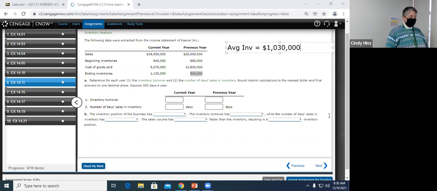That's what I call the reasonableness check. Does that number even make sense? So there's our average inventory for the current year, $1,030,000. Now we can calculate our inventory turnover by dividing our cost of goods sold, $9,270,000, by the average inventory.